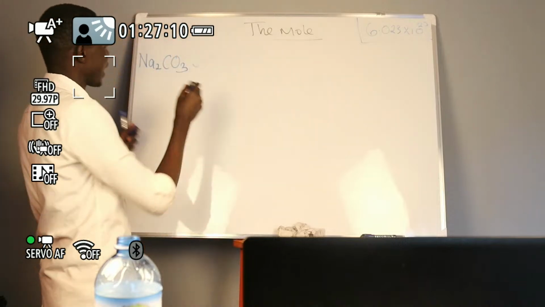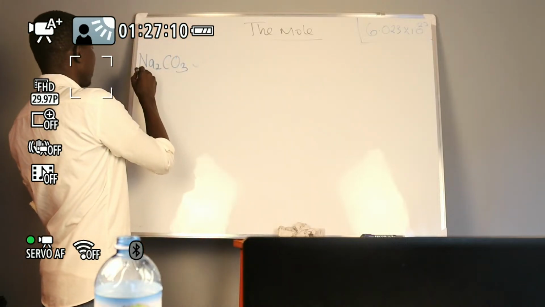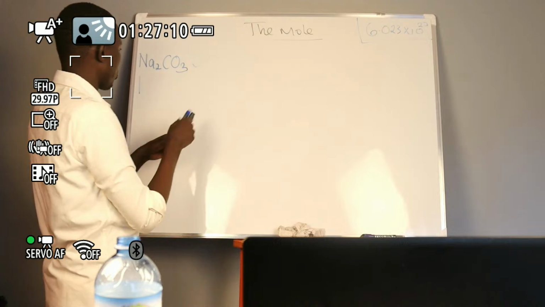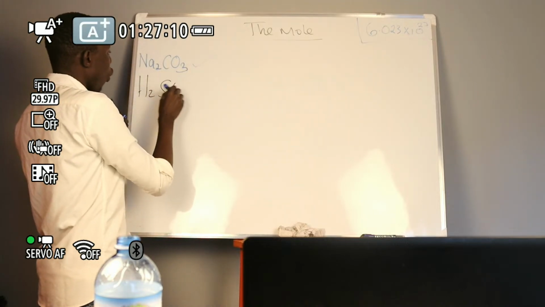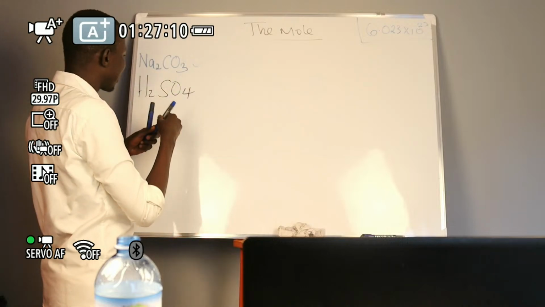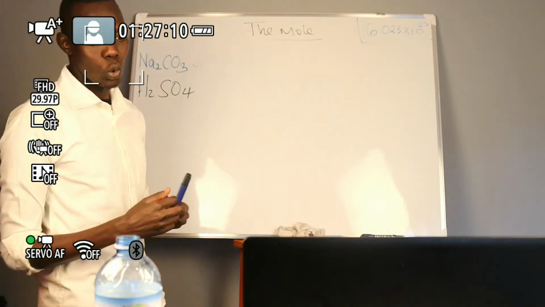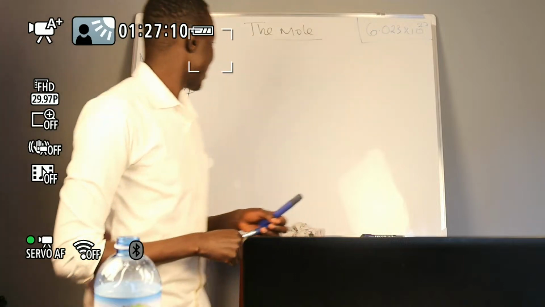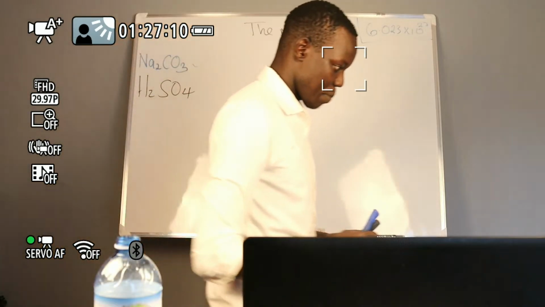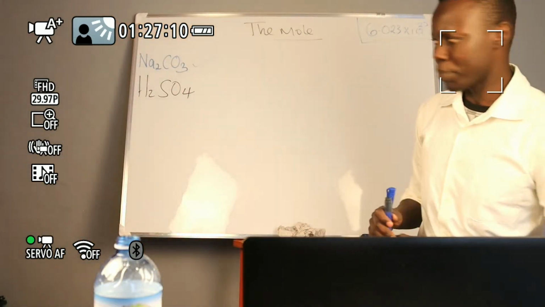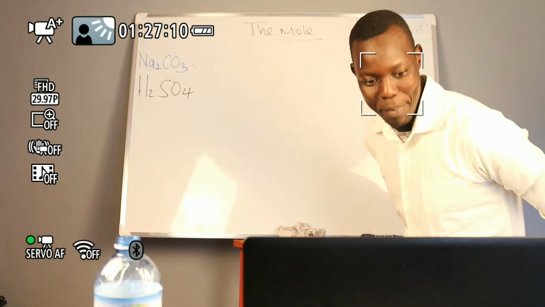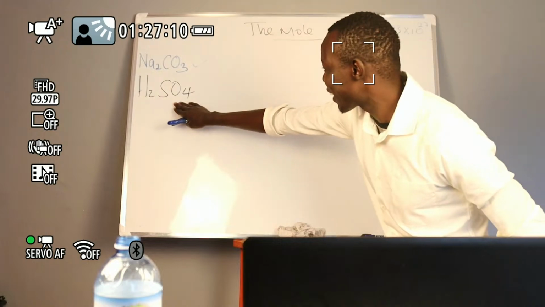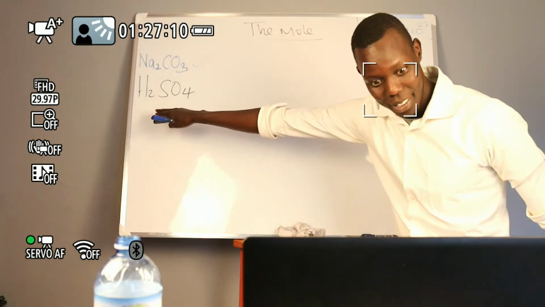Sulfuric 6 acid inaandikwa H2SO4. How did we agree that the H2SO4 is the chemical formula, not symbol, chemical symbol for sulfuric 6 acid? Remember, it is made up of a sulfate and a hydrogen ion. Look here.